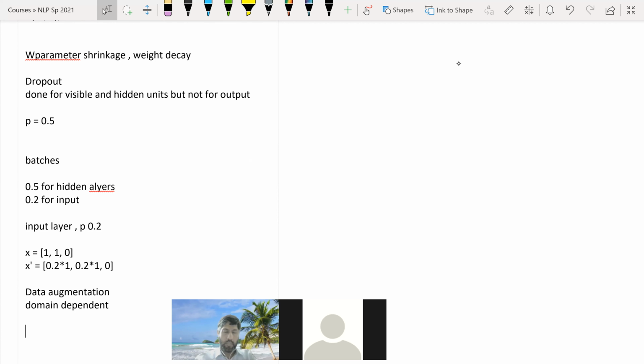So for images, what are some of the things you can do to augment the data? For example, you can crop. If you have an image, you can do various croppings of the image and add those images into the training data set.